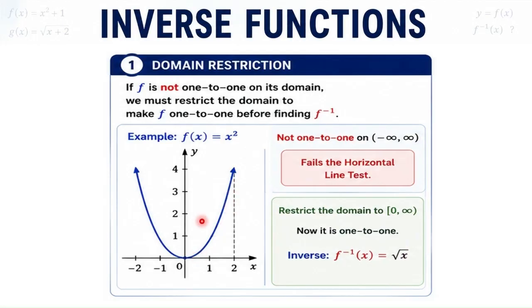Now the function becomes one-to-one, and its inverse is the square root function. Domain restriction is an important idea because it allows many familiar functions to have inverses. Later in this course, we will use this idea again when studying trigonometric functions.